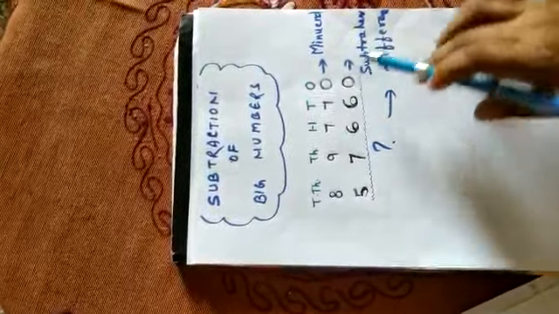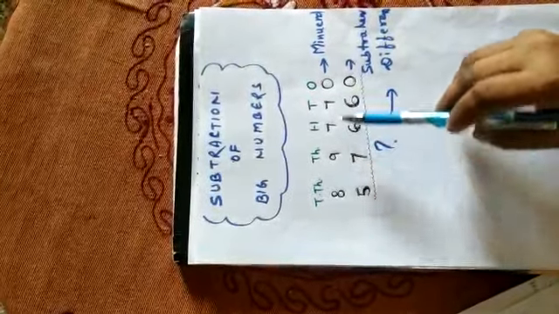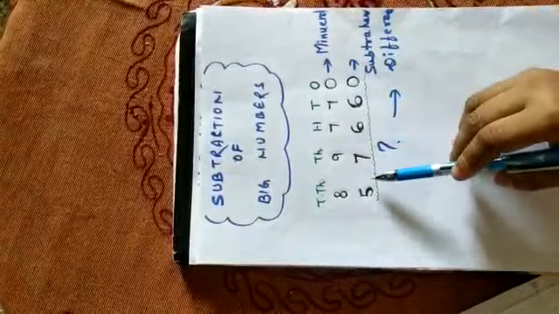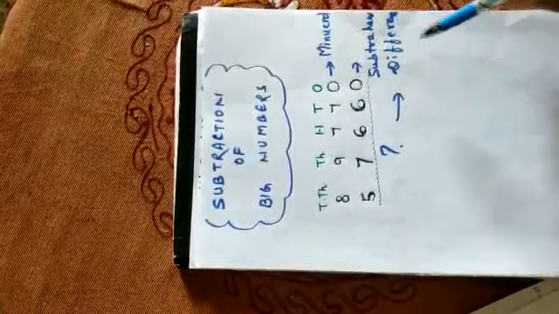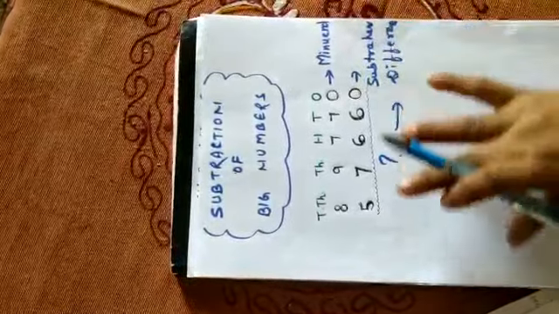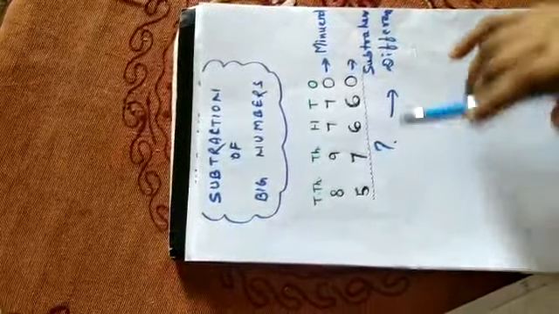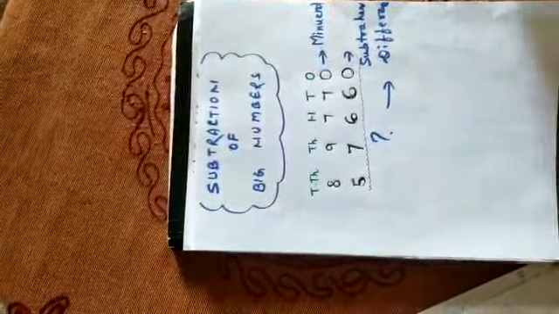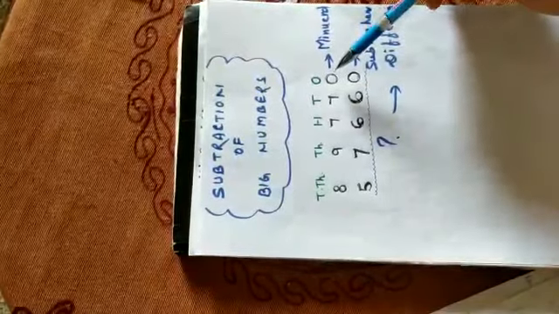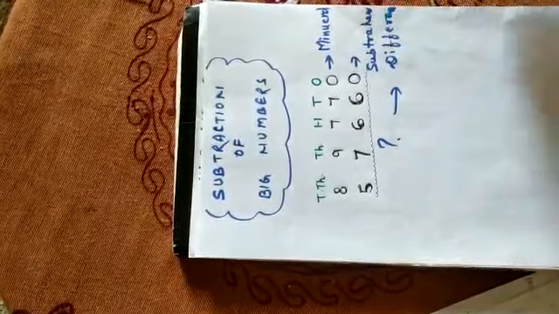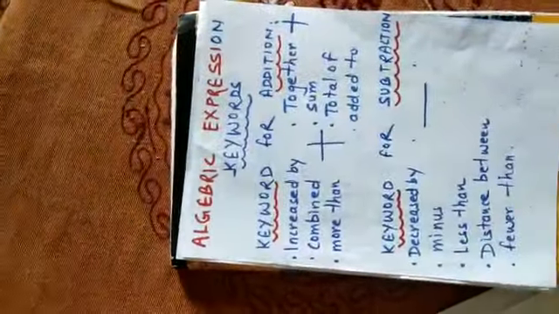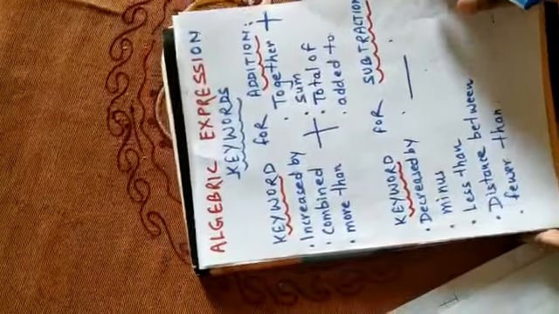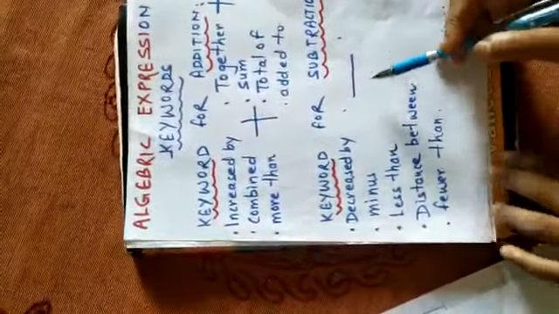So here is an example: 89,770 and 57,660. I have put these numbers in a place value chart, and according to the rules of subtraction, the minuend is written first, after that the subtrahend, and the result is called the difference.